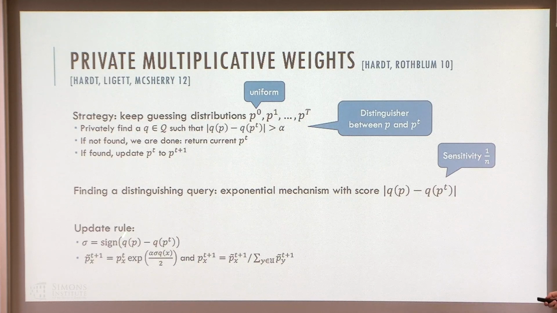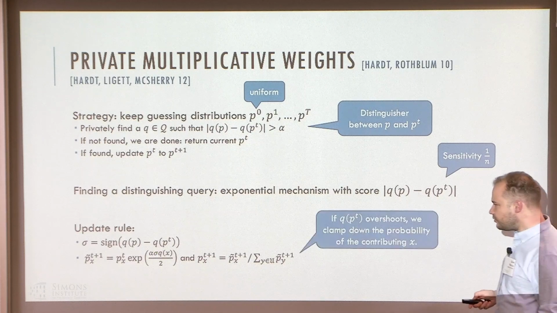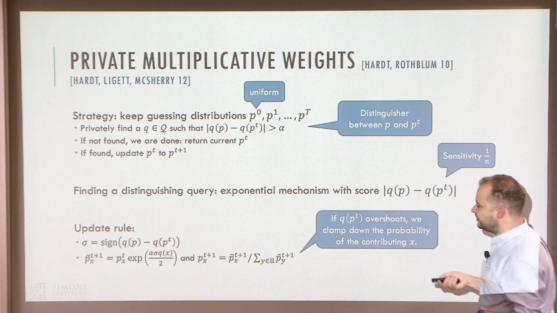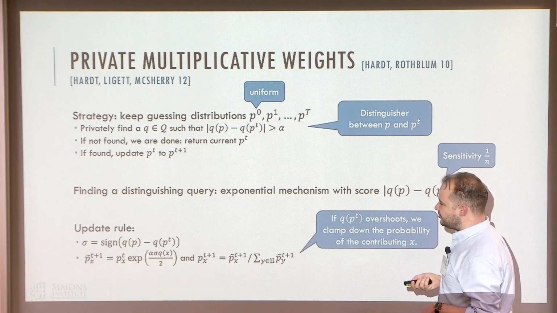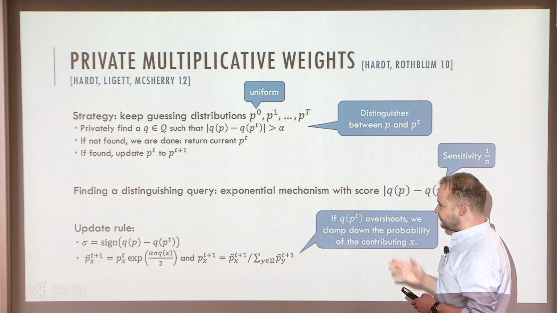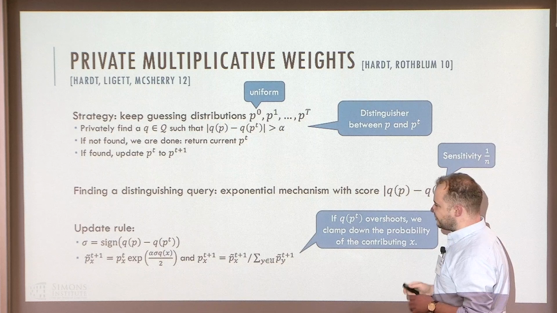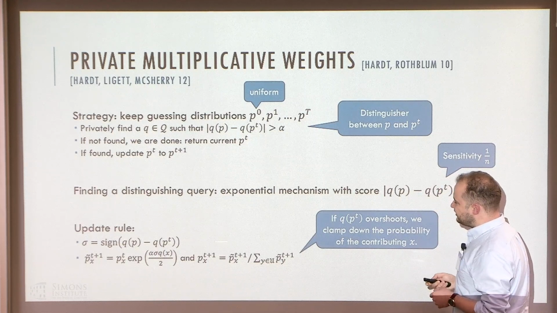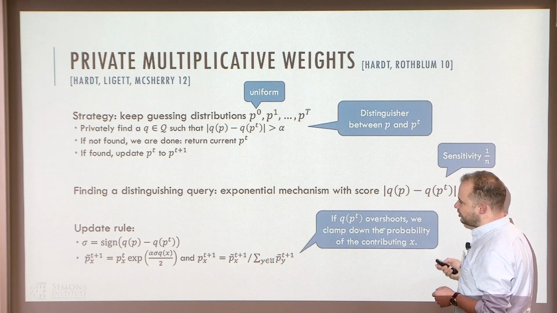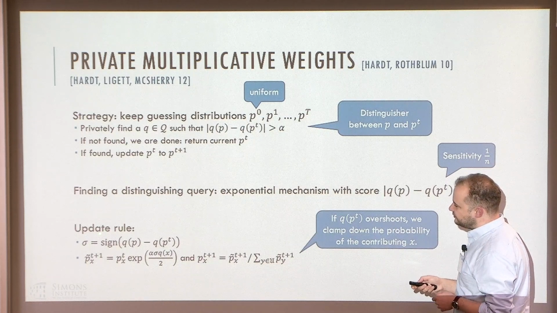And the update rule is this multiplicative weights update rule, where intuitively what's happening is the following. So let's just take one case of this where, let's say the current guess overshoots, so it's too large. Then the sign of the difference between the true answer and the current guess is negative.